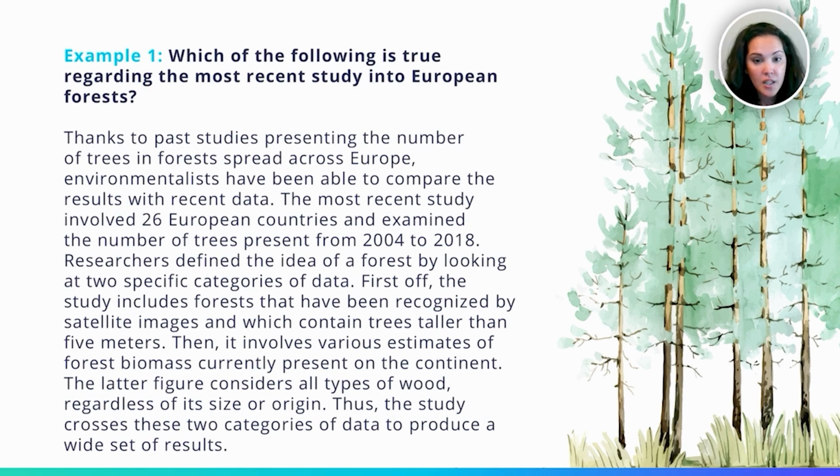First off, the study includes forests that have been recognized by satellite images and which contain trees taller than 5 meters. Then it involves various estimates of forest biomass currently present on the continent. The latter figure considers all types of wood regardless of its size or origin. Thus, the study crosses the 2 categories of data to produce a wide set of results.